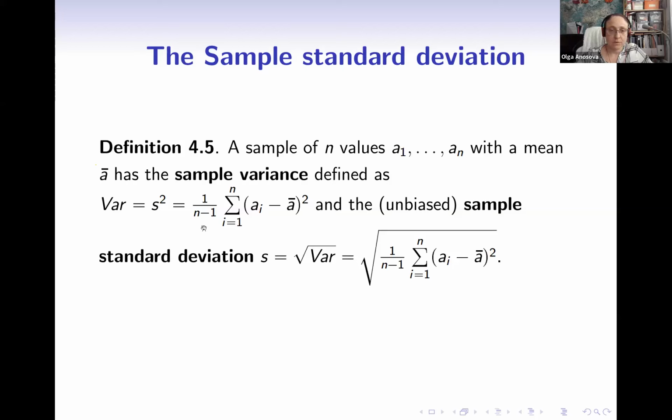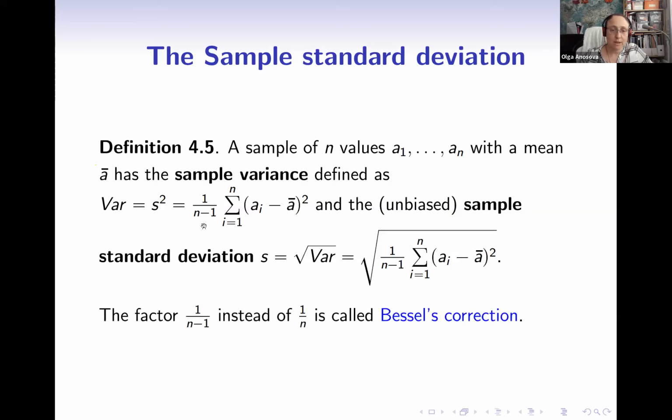For a simple normal average, we should divide by n. Yes, thank you very much, absolutely. But in this case, it's n minus 1. And it's not a misprint. It's the so-called Bessel's correction.